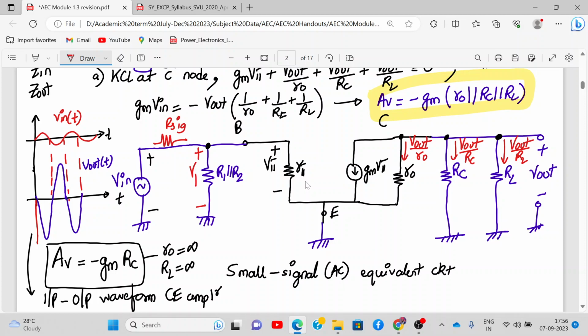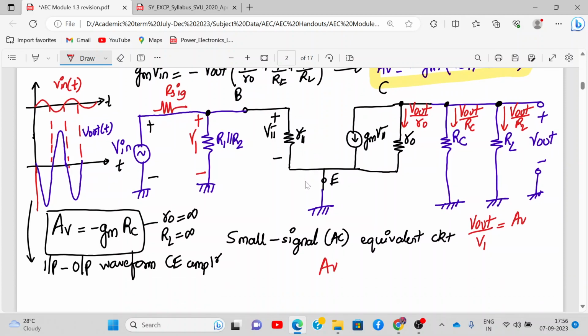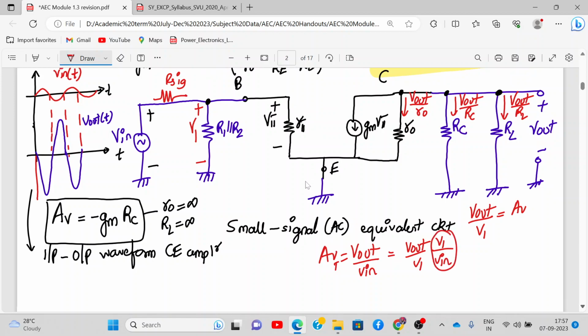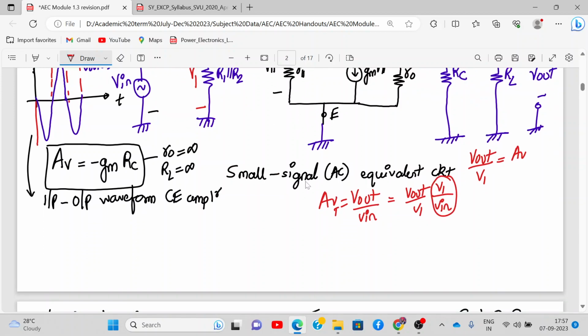Here V out upon V1 would have been my AV, that is minus gm RC. Now if I want to calculate AV total, V out upon V in including RSIG, it would be V out upon V1 times V1 upon V in. This additional factor I need to calculate, this V1 upon V in.